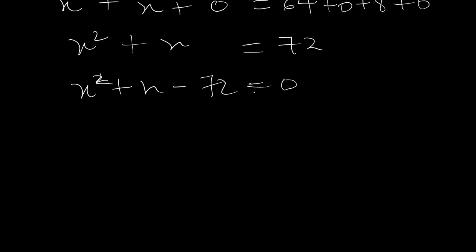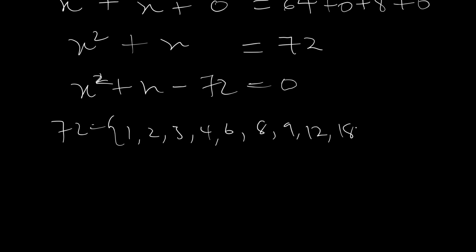So we have a quadratic equation. Now we factorize the quadratic equation to get the values of x. So we find two numbers. When we multiply, we get negative 72, and when we add, we get positive 1. So when we list the factors of 72, we have 1, 2, 3, 4, 6, 8, 9, 12, 18, 24, 36.